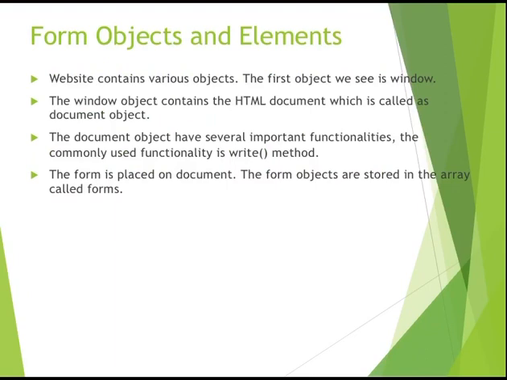With the help of the write method, you can display any message you want in your browser. Like you can write document.write, and inside the parentheses, in double quotes, you can write any message that you want to print on the browser. This is the use of the write method.